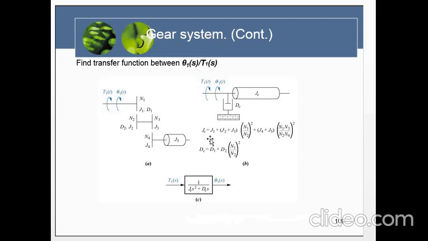J equivalent is J1 plus J2 plus J3 multiplied by N1 per N2 squared, plus J4 plus J5 multiplied by N1 N3 per N2 N4 squared. And for damping, it is D1 plus D2 times N1 per N2 squared. Okay, there is this block diagram.